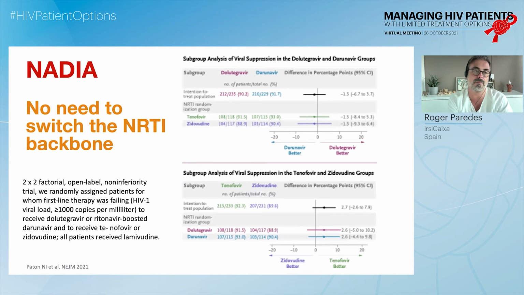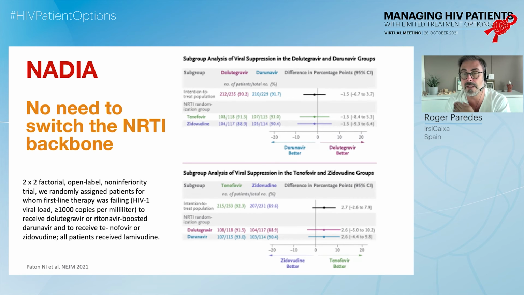Recent data from the NADIA trial is actually showing that there's no need to switch the NRTI backbone. And also they are showing two things. This is a 2x2 factorial non-inferiority trial where patients failing first-line therapy were assigned to receive dolutegravir or ritonavir-boosted darunavir, and also to receive tenofovir or zidovudine.